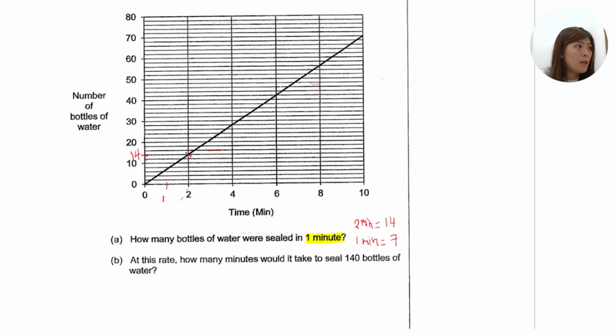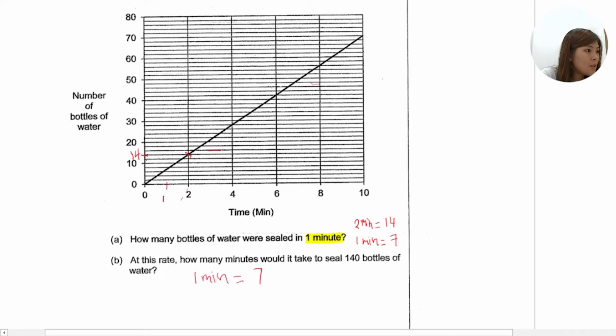So for part B, at this rate, how many minutes would it take to seal 140 bottles of water? Okay, so now you know that in 1 minute, it takes 7. You can seal up to 7 bottles of water.